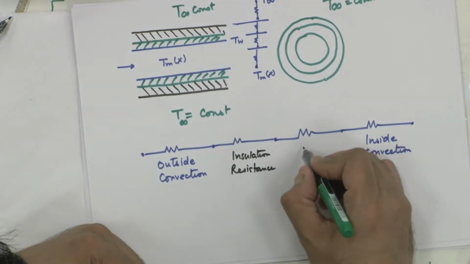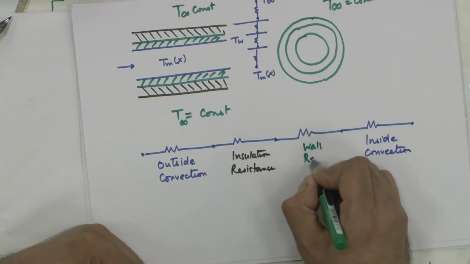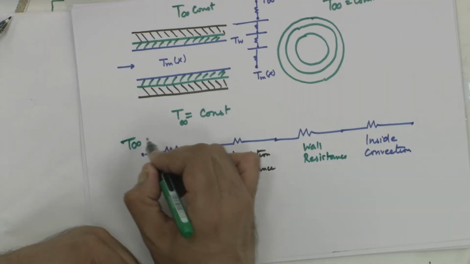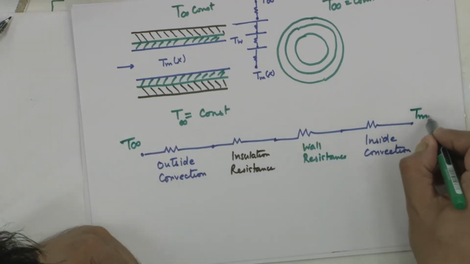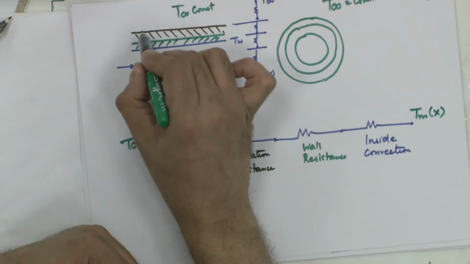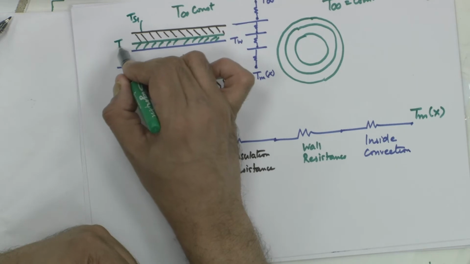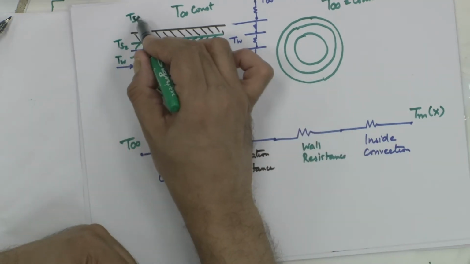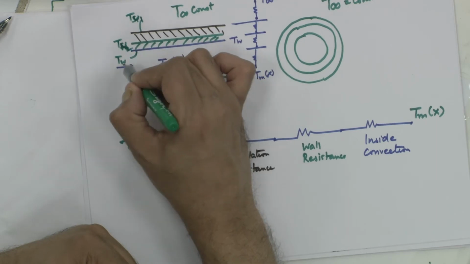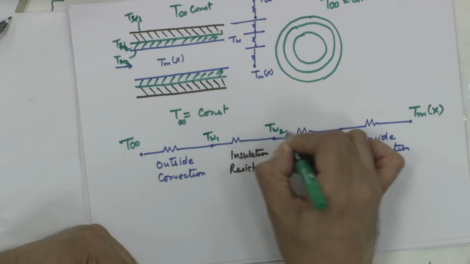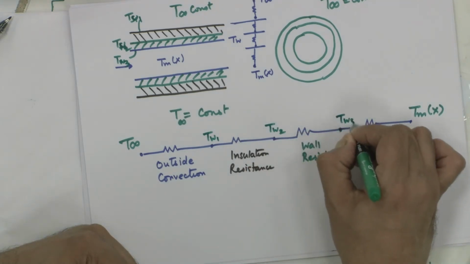So, this is like wall resistance, and this is T infinity constant, this is T bulk mean local. So, let us call this T S 1, T S 2, T wall, or T W 1, T W 2, T W 3.